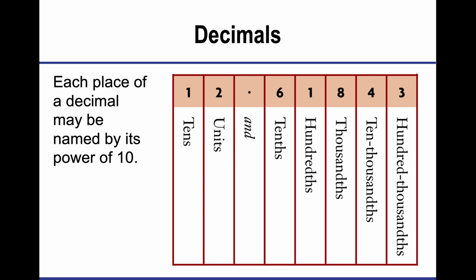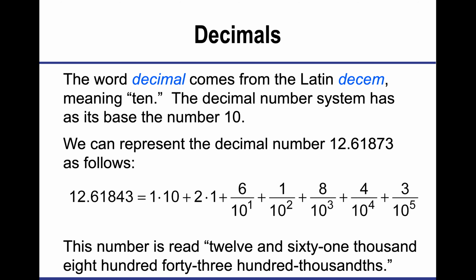Instead of hundreds, I have hundredths, thousandths, 10,000ths, and then 100,000ths. When I'm naming a decimal like I did here, you name the place that's all the way at the end. So if I look, I have tens, hundreds, thousands, 10,000s, 100,000ths.